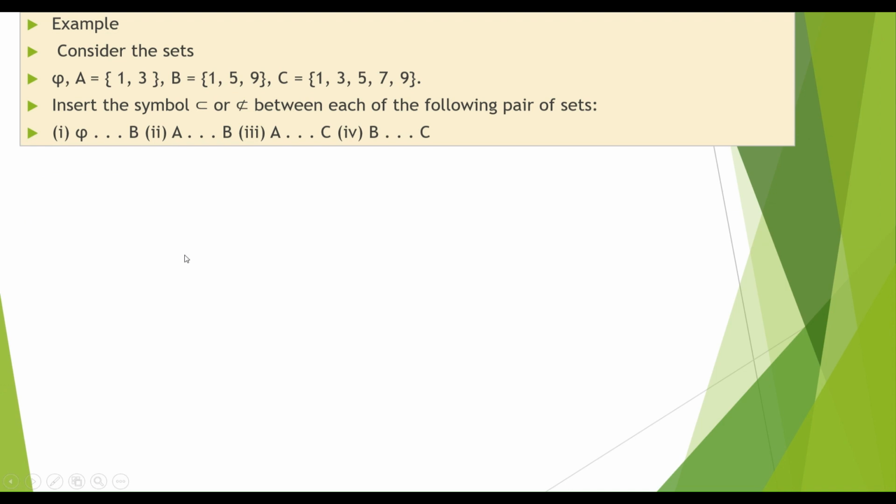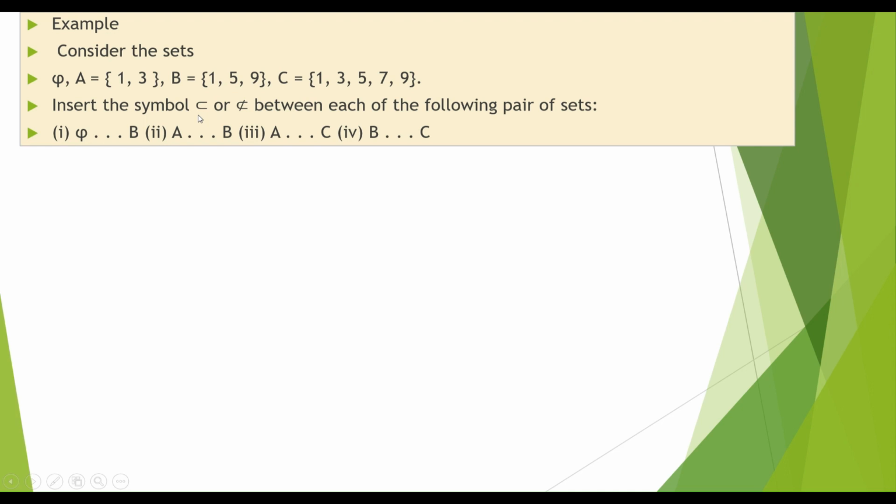Now let's see another example. Consider the sets: first, the null set; A is {1, 3}; B is {1, 5, 9}; and C is {1, 3, 5, 7, 9}.